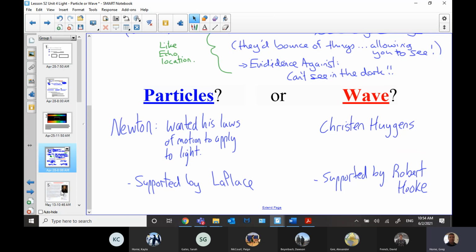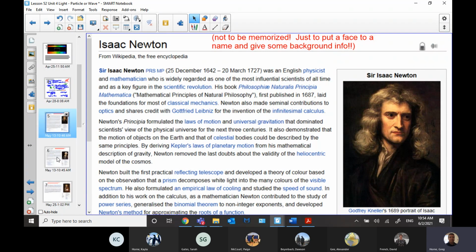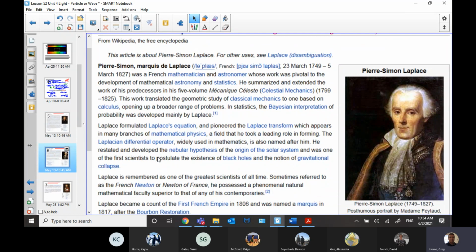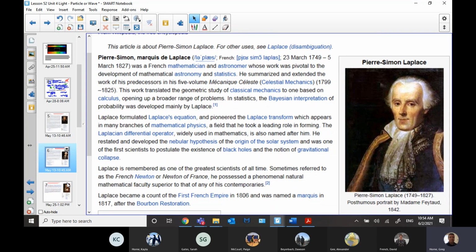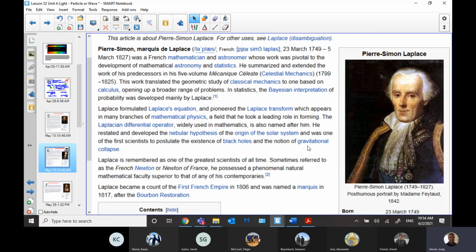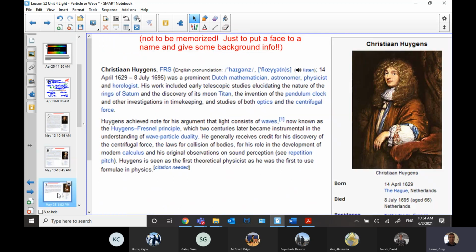Okay. So this isn't for memorization, but if you wanted some extra historical background, there's Isaac Newton, there's Laplace, Pierre-Simon Laplace, a French physicist. He was posthumously made, posthumous portrait. Anyways, one of these guys became like a duke or something like that.